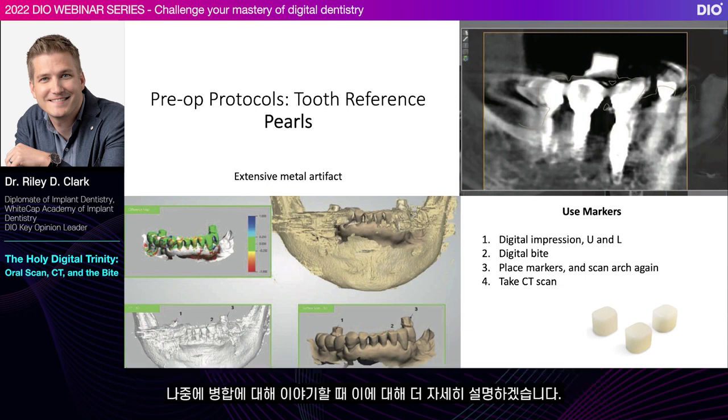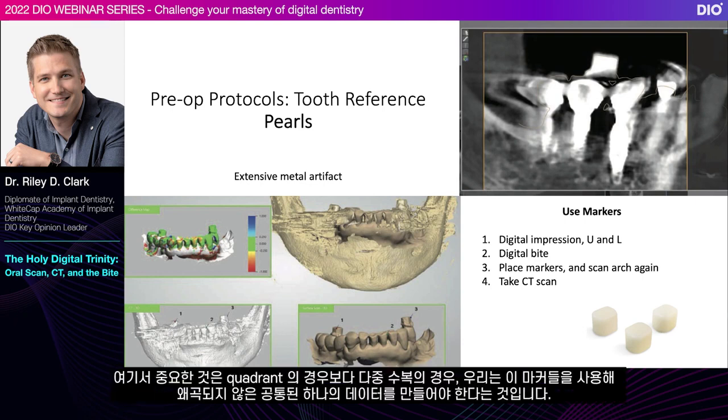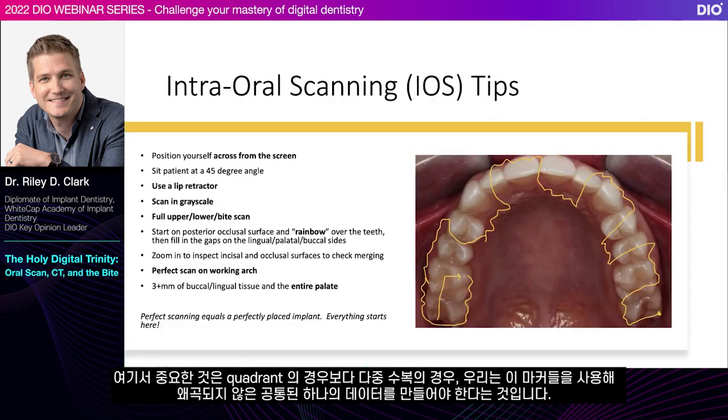We'll talk more about this later when we talk about merging. But the pearl is when there's multiple restorations in a quadrant, we might need to use these markers to create a more common piece of data that's not distorted.